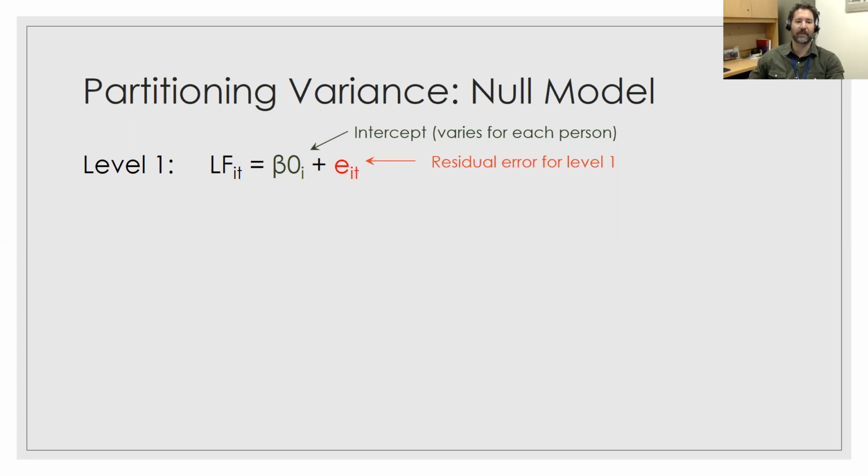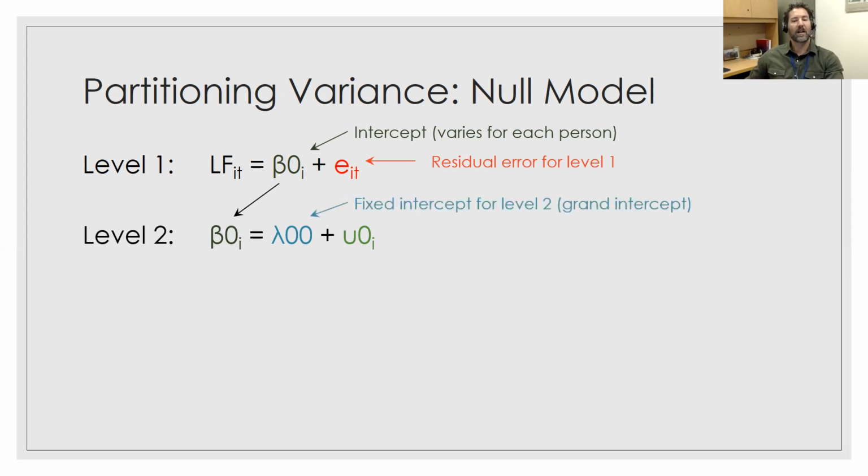All right, great. We can take those intercepts, remember, one for each person in our data set, and further indicate that these can be represented by a grand intercept, basically the sample mean of LF, plus a person-specific deviation from that grand intercept.